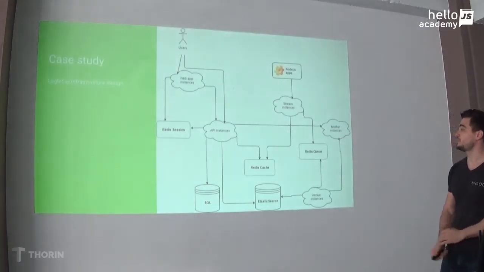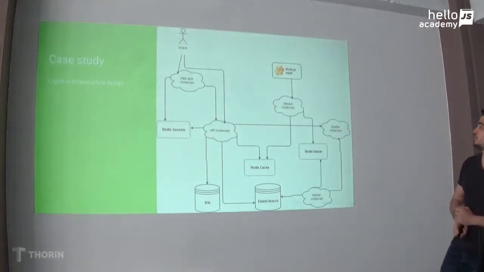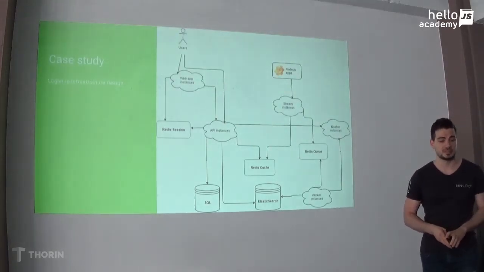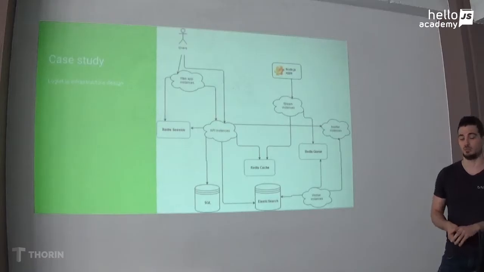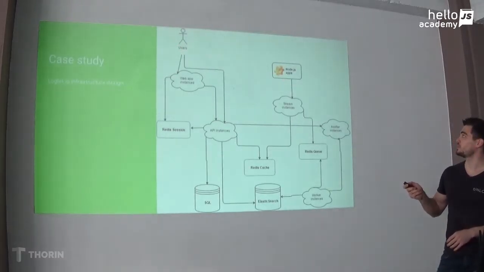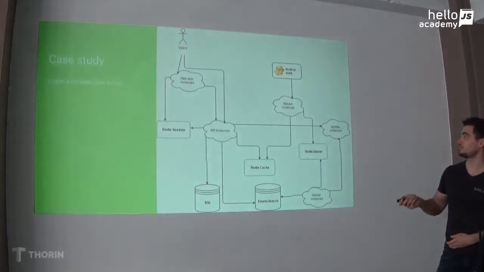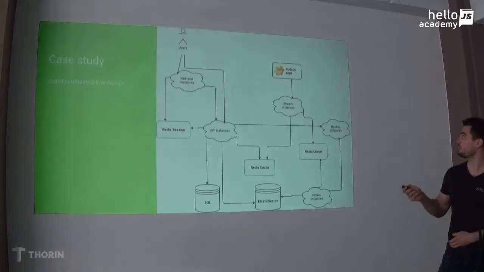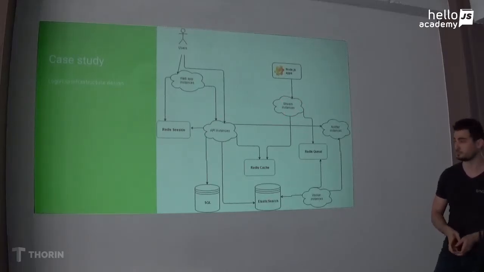As I said, this is the actual infrastructure of log.io. This is how we thought that it can work. As you see, there are two types of actors. You have a user, which connects to the infrastructure by the web browser, and then you have Node.js applications that essentially send in logs to Logit so that they can be stored.